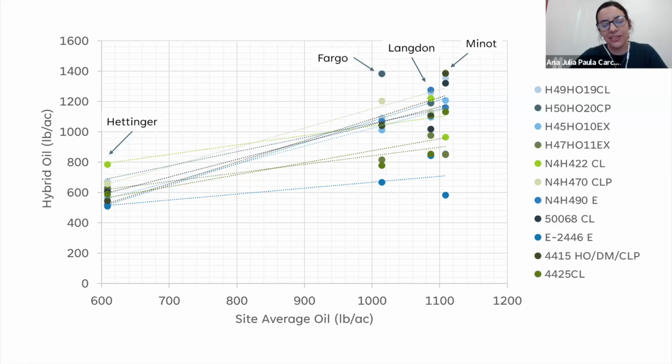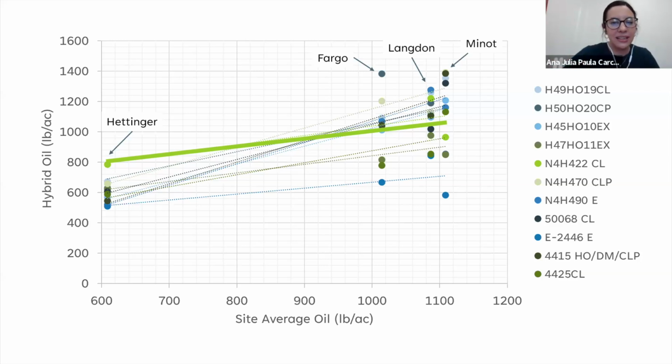Basically, what you can do when you draw this regression, these lines that show the behavior of different hybrids in different sites, is this. For example, if we highlight this hybrid, we can say that even though it's in Hettinger or even if it is in Minot, the yield actually doesn't change.